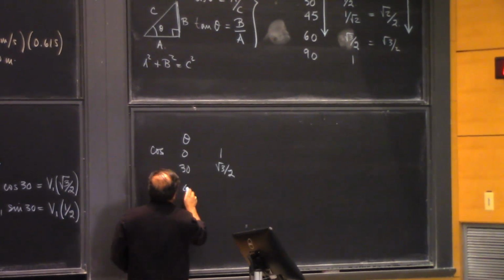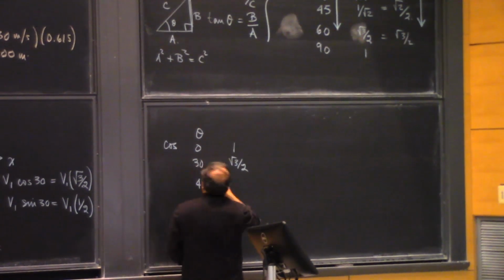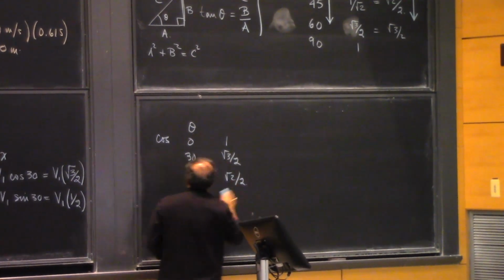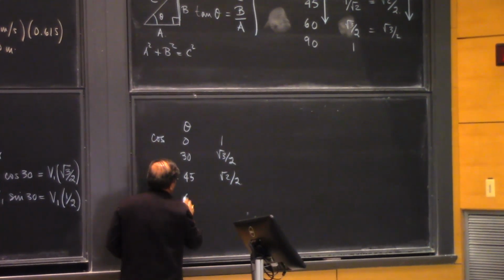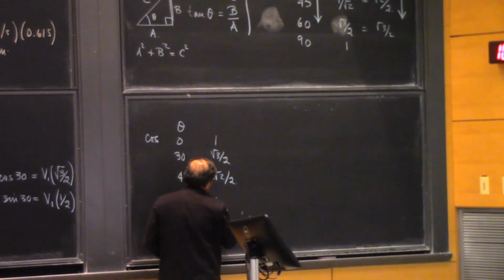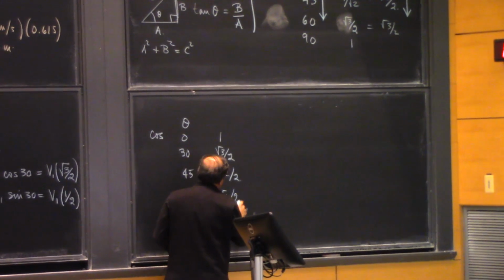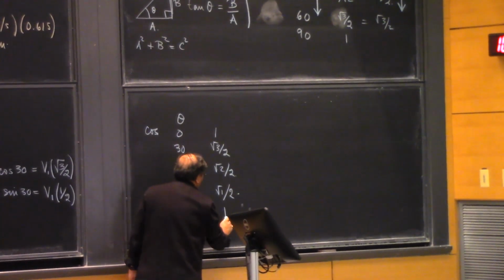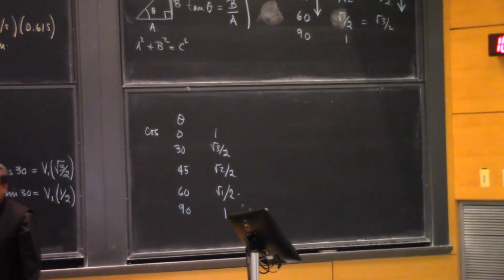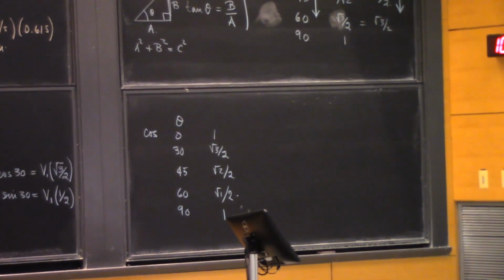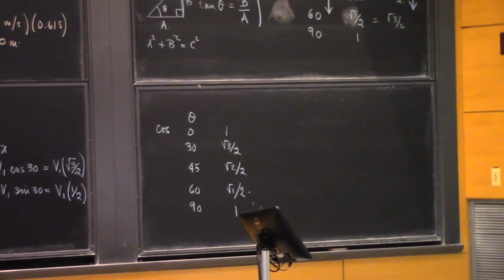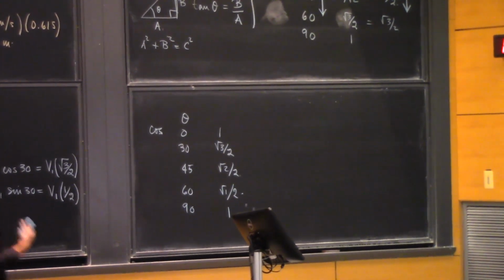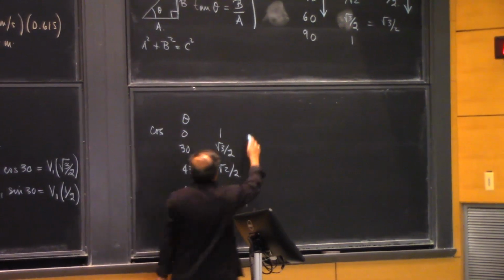Cosine of 45 has the same value as sine of 45, that's root 2 over 2, and cosine of 60 will turn out to be half, which I can call root 1 over 2. And then cosine of 90 will turn out to be 1. So you see the patterns are just opposite. And since tan is sine over cosine, by knowing sine and cosine, you can work out the whole thing.